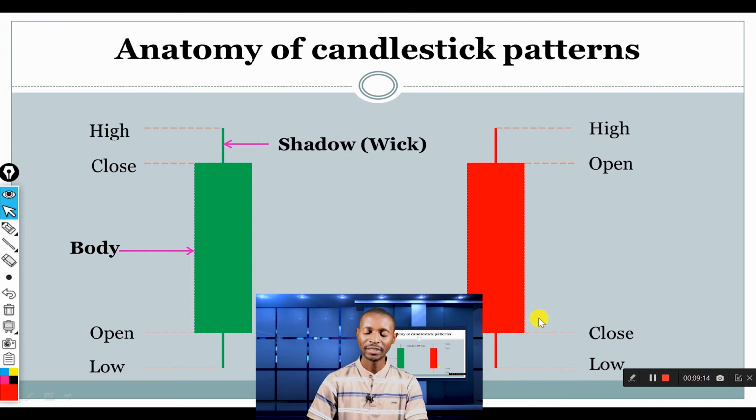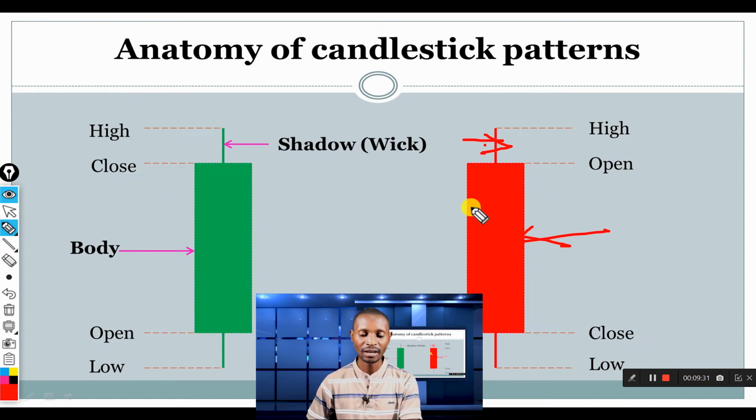For a bearish candle, it is the same. It also has the body here, and it has the wicks or shadow here. And it has the four characteristics: open, high, close, and low. As you may see, the only difference between a bullish candle and a bearish candle is not the colors, it is the open and the close.